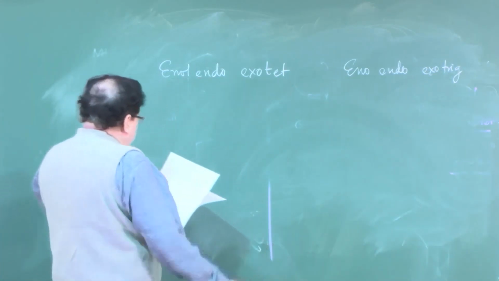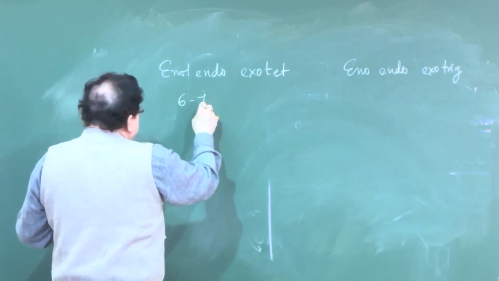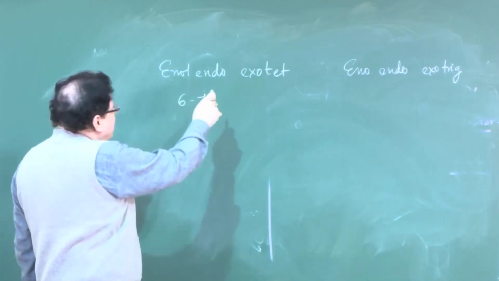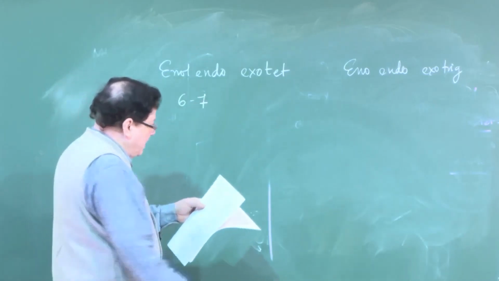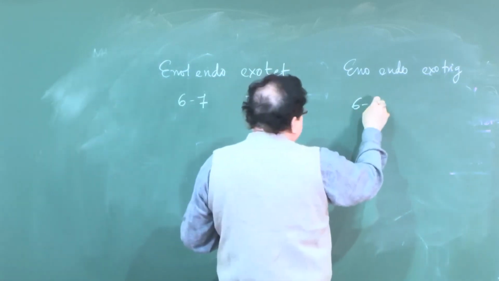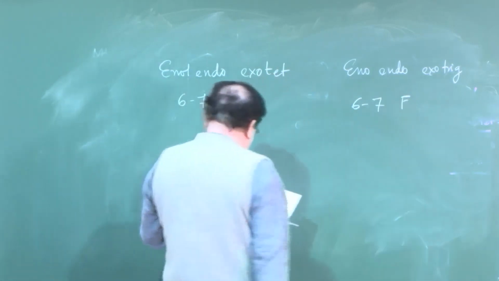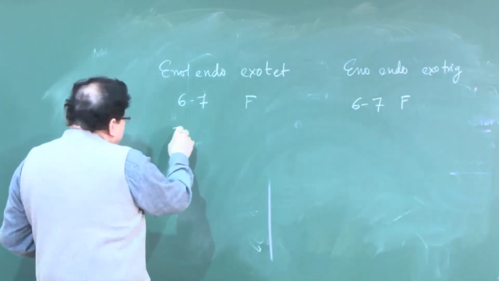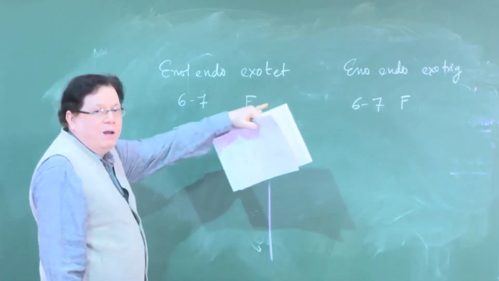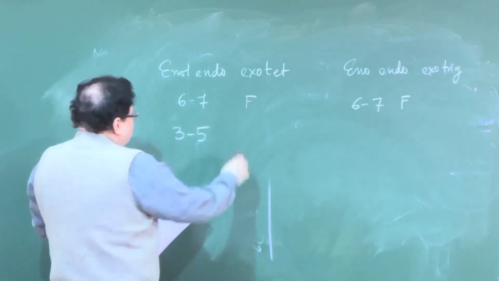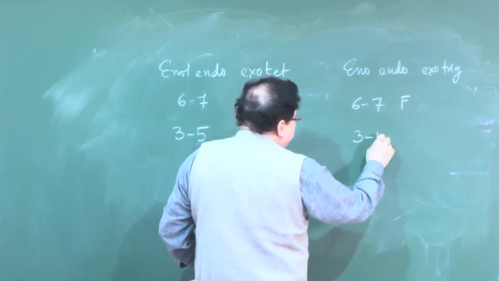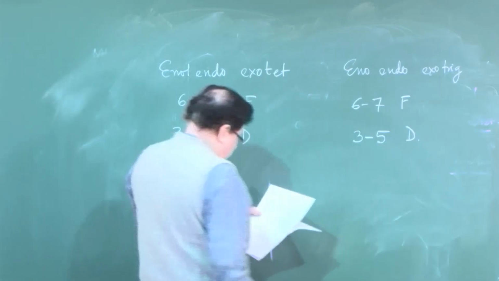If it is a 6 to 7 membered ring, means it is a 6 enol endo exo-tet, then that is favored, and the same is here, 6 to 7 will be favored. And for lower ring sizes, 3 to 5 involving enol endo exo-tet, that is disfavored, and the same thing is here, 3 to 5 is disfavored.